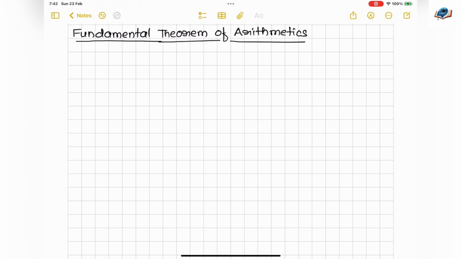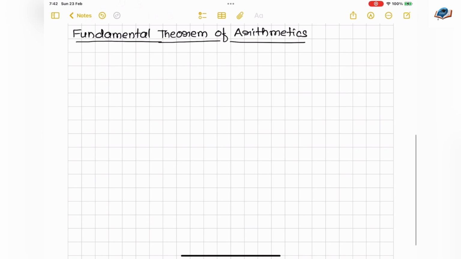For example, if I take 32760, I can take out its prime factorization. So with 2 it will go 16380. Then again with 2, 8190.